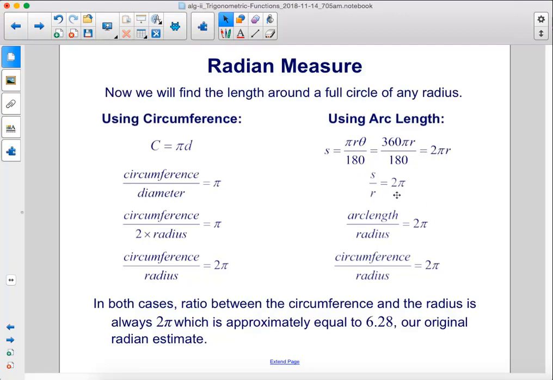So s over r equals 2 pi, which is the arc length over the radius equals 2 pi, and you still get circumference over radius equals 2 pi. This is the same. In both cases, the ratio between the circumference and the radius is always 2 pi, which is approximately equal to 6.28, our original radian estimate.